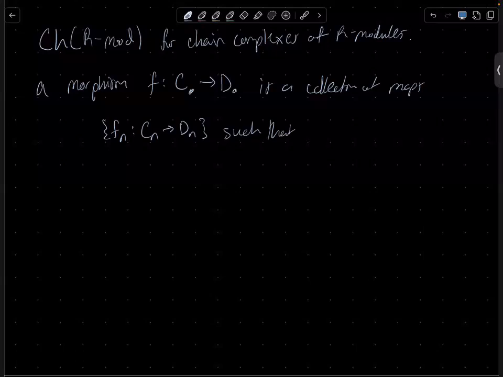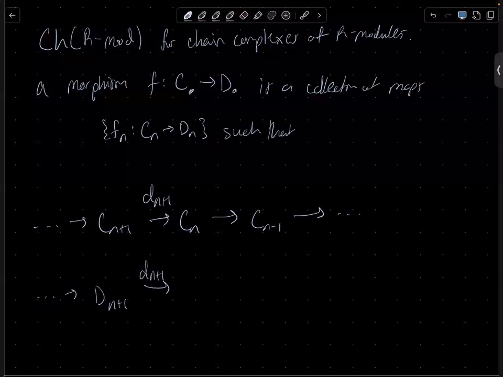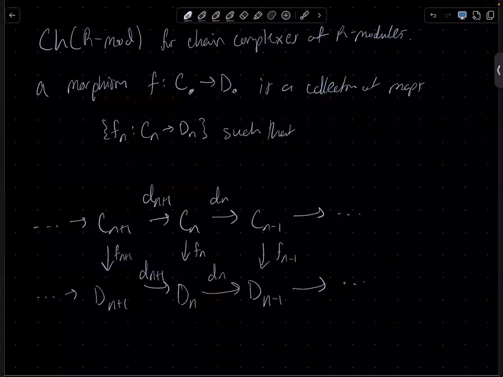If you draw it out all the way, with Cn plus 1, Cn, Cn minus 1 and the row below for D, Dn plus 1, Dn, Dn minus 1, then this map is Fn plus 1, this one is Fn, this one is Fn minus 1.